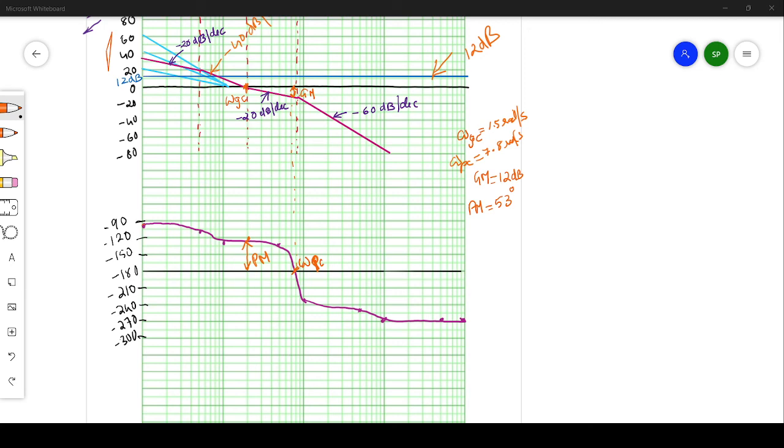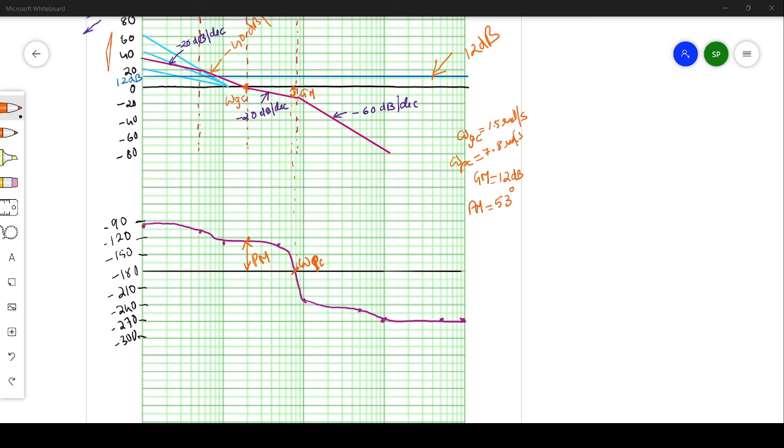Suppose you need to find the gain k, then the question will be slightly different. In this particular question, the transfer function is given and you are asked to find the gain margin and phase margin. But if you are asked to find the gain k, more data will be given in the question, like find the gain k so that the phase margin or gain margin is so and so, or the phase crossover frequency or gain crossover frequency will be given.